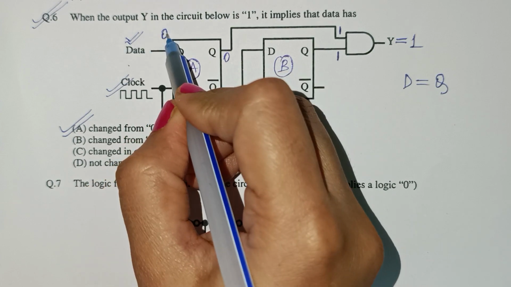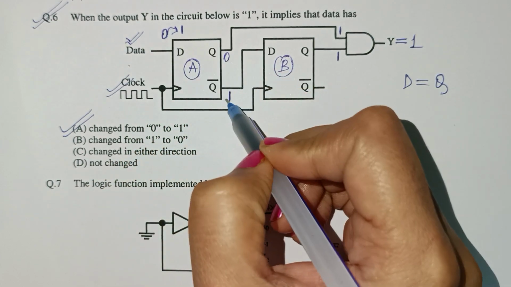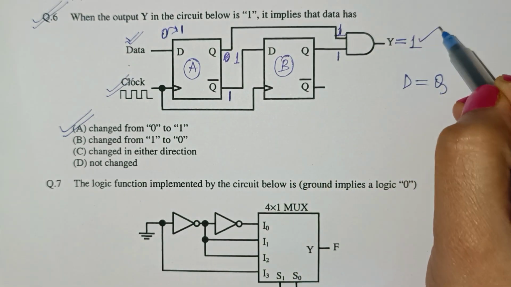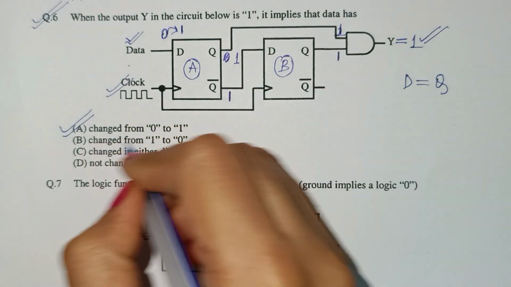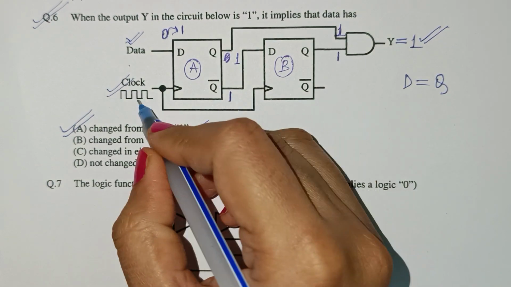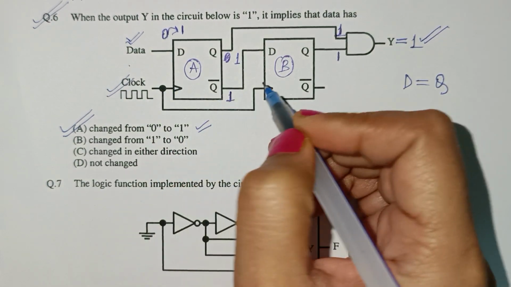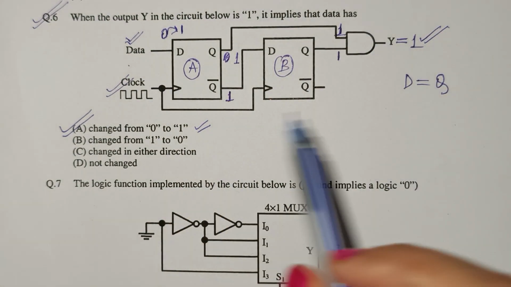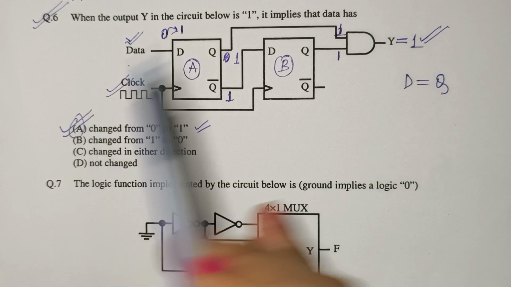So when the data is changed from 0 to 1, this will be 1, so the output will be 1. So this condition is satisfied. However, this will remain at 1 because it will not change until the application of the second clock pulse. Okay, so this option is correct.